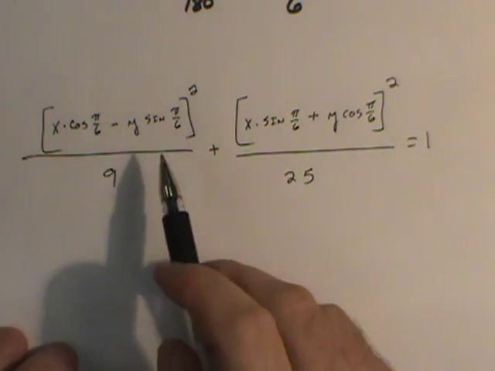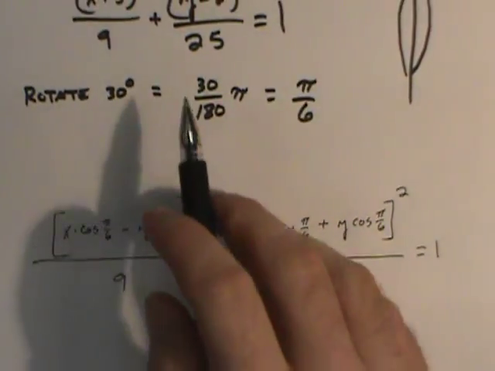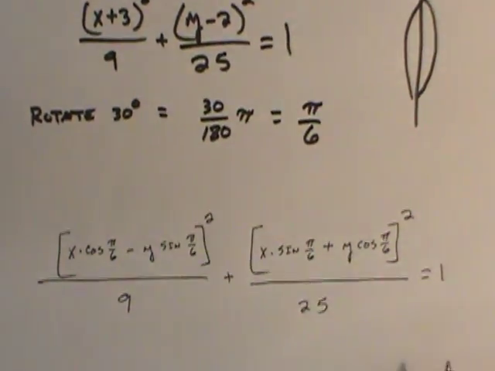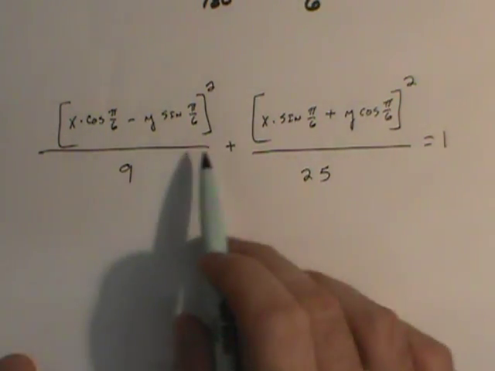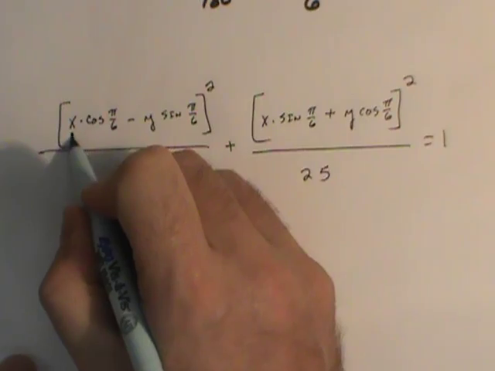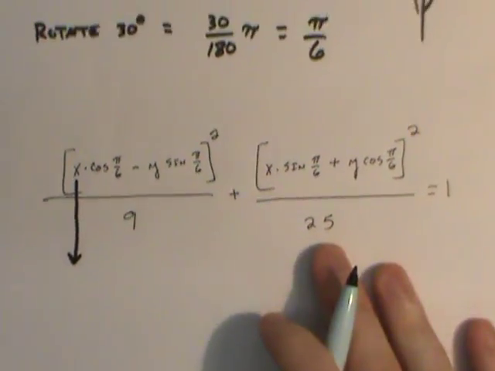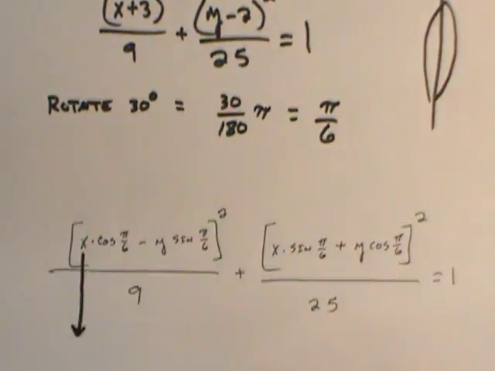And then you say, wait a second, you didn't do any of your phase shifts up there. What happened to this plus 3 and the minus 2? As I tried to explain in the previous examples with phase shift, if you do a phase shift, everywhere you see an x and everywhere you see a y you have to reflect that phase shift. That's why I wrote this to begin with like this. Where I have just this plain old x, I'm going to replace it with an x plus 3.